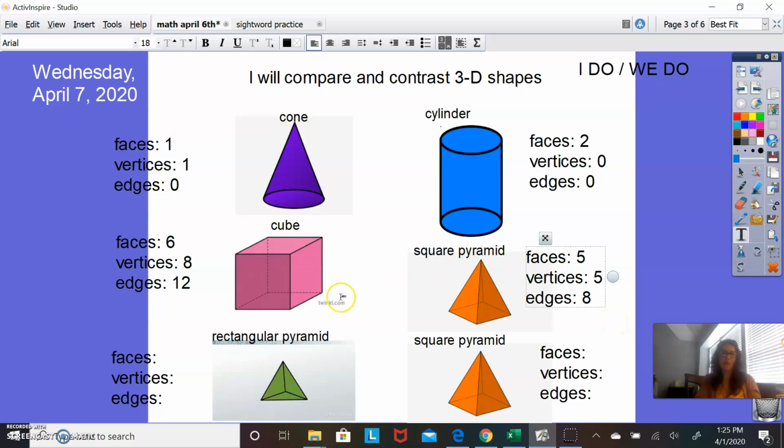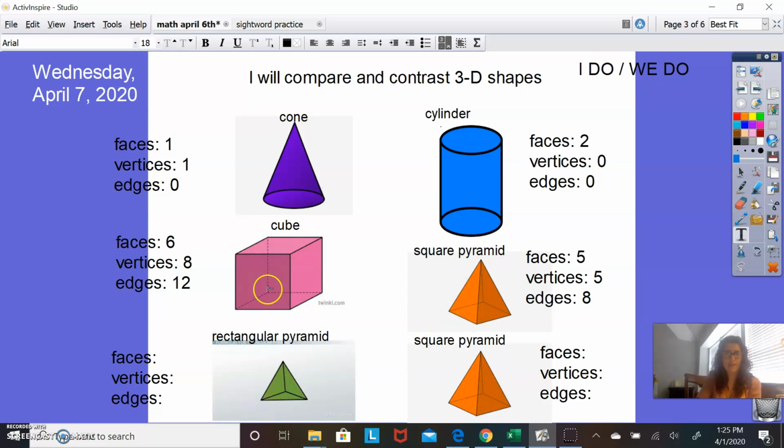All right, now that we have described the cube and the square pyramid, now we're ready to compare and contrast. Remember, compare and contrast what is the same and what is different about these two shapes. Okay, so let's look at the faces for the cube. There's 6 faces for the cube, 5 faces for the square pyramid.